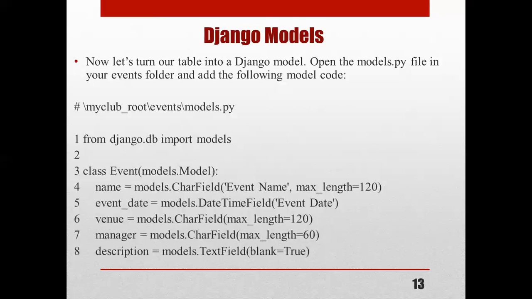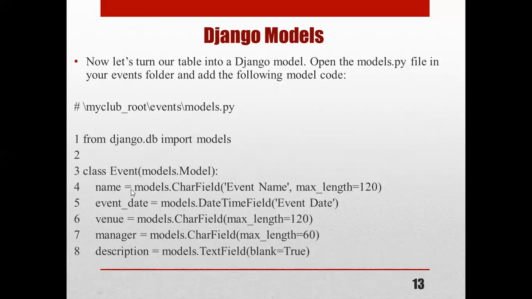In the myclub_root folder, in the events folder, the models.py file is there. In this file, add these changes: from django.db import models. We are going to import the models module here. After that we write a class Event, consisting of models.Model, with attributes like name, event date, venue, manager, and description.